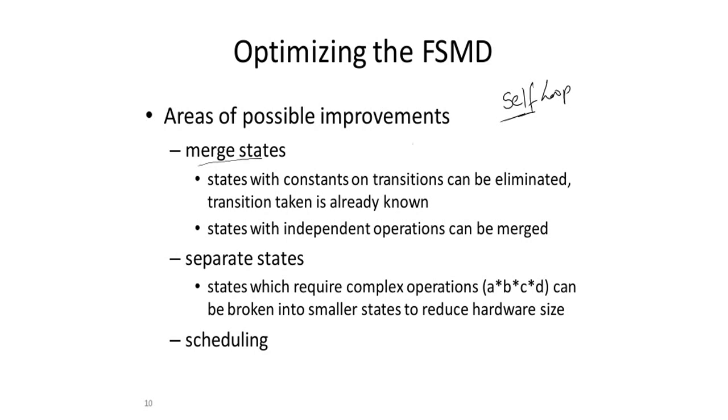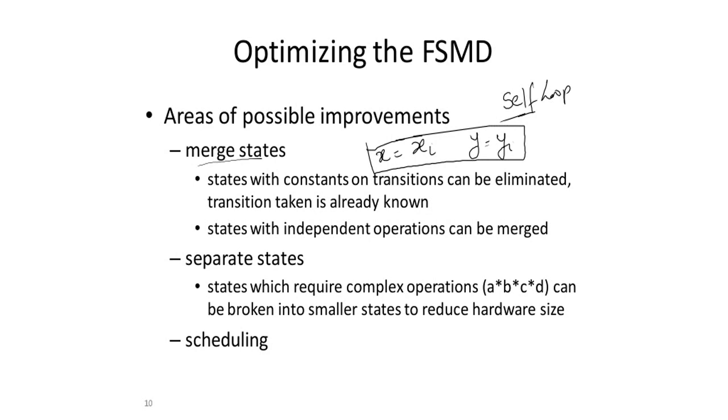Other states can be merged when there are assignment operations. For example, xi was assigned to x and yi was assigned to y. So those are independent of each other, so they can be assigned in the same state. So we don't need separate states to assign them, so we can merge those states, right?